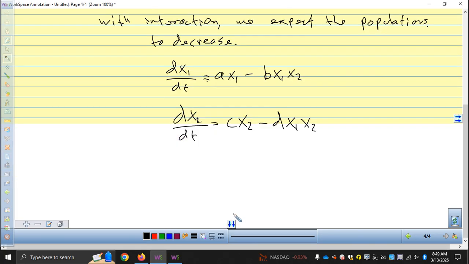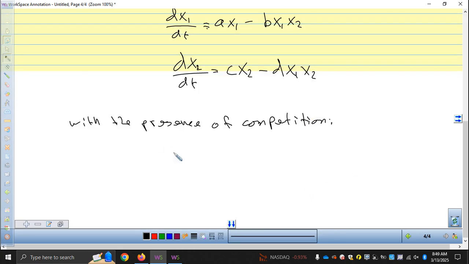We might also just expect, with the presence of another competitor, the population of one or the other would decrease. We could say dx1/dt equals ax1 minus bx2.